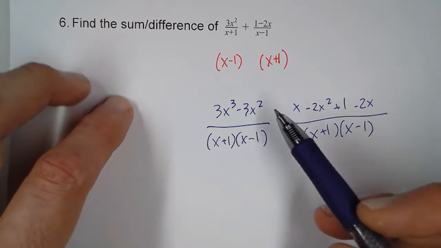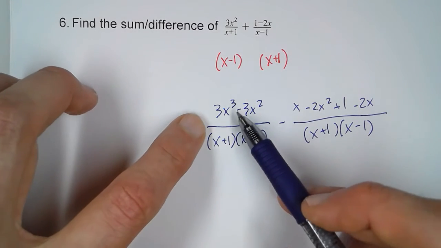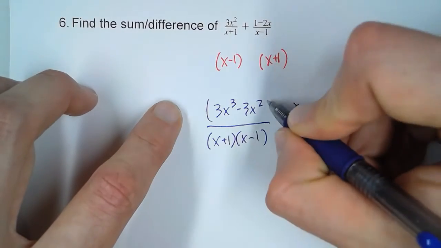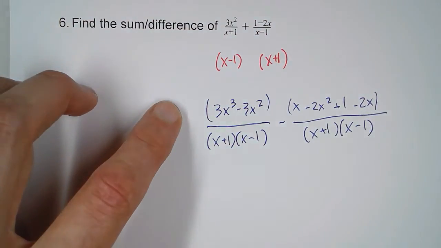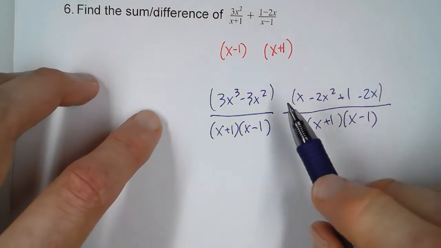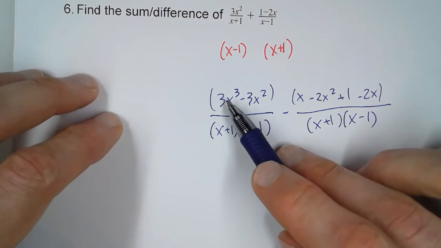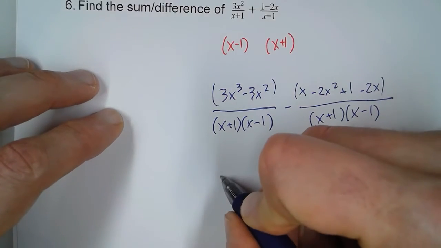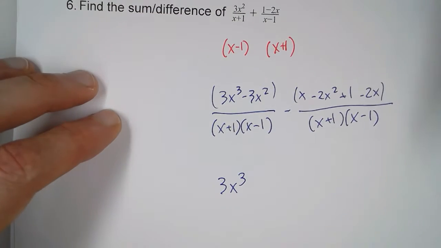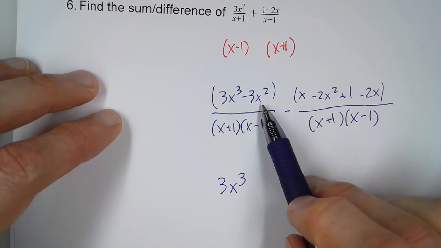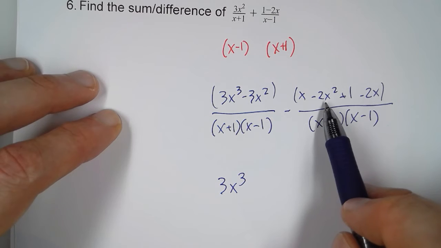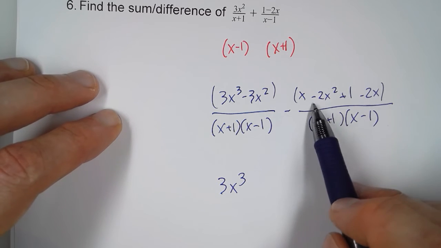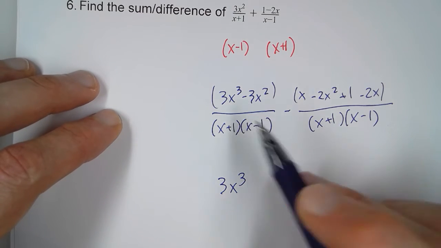All right. Now the thing to remember is that we are taking this quantity here, and we are subtracting this quantity. Now that's important because there's an x cubed term here, there's no x cubed term here. So I can write that as 3x cubed. Here I have negative 3x squared, but then I'm subtracting a negative, so that means I'm really adding 2x squared to negative 3x squared.